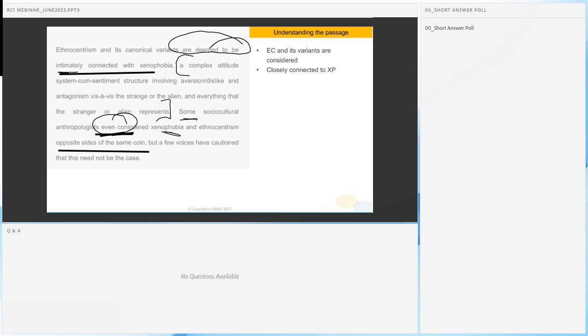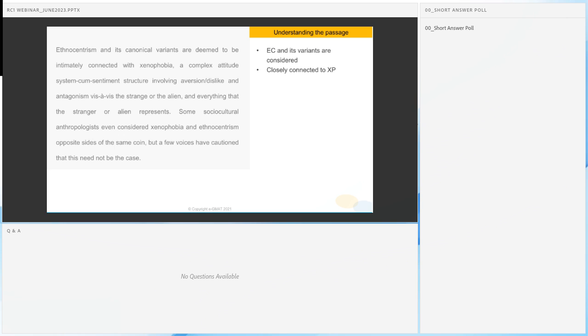But a few voices have cautioned that this need not be the case. Okay, so what's going on? What the author is saying is that some people consider EC and its variants to be closely connected to XP, where XP is essentially hatred for aliens.